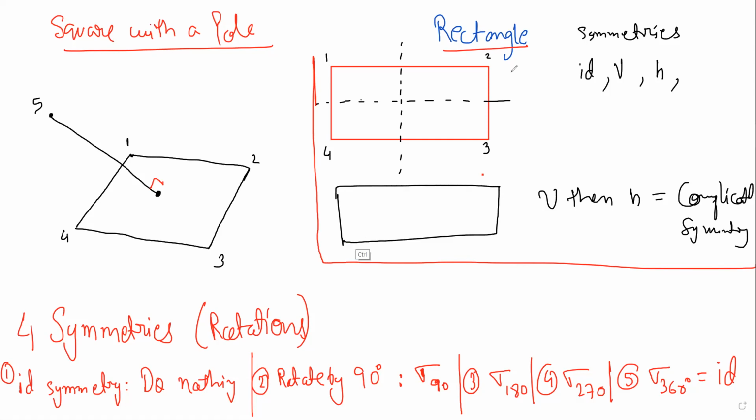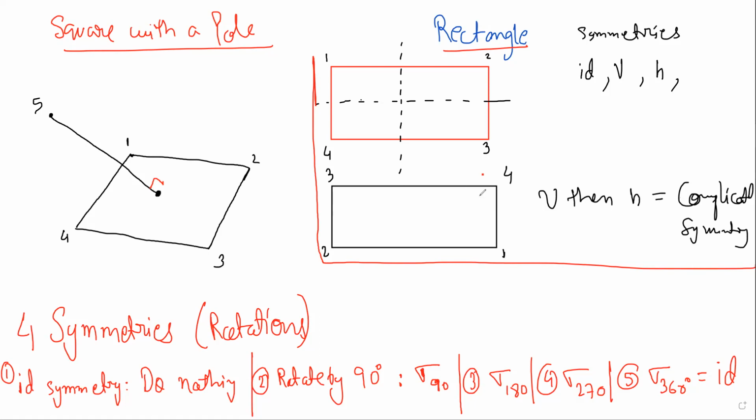So by the complicated symmetry, I mean this one, where the 1 goes here, 3 comes here, the 4 goes here, and the 2 is here. How did I get this? I first had the vertical, then I applied the horizontal.